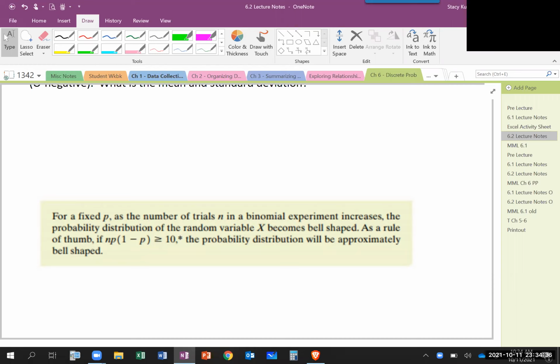If I don't know anything about my distribution, I can throw it into this formula, and if it's greater than or equal to 10, then I'm all right. I don't really care what the distribution is going to be because everything will work out fine. If it's less than 10, then I maybe need to look into it a little further. I probably need to just increase my sample size.